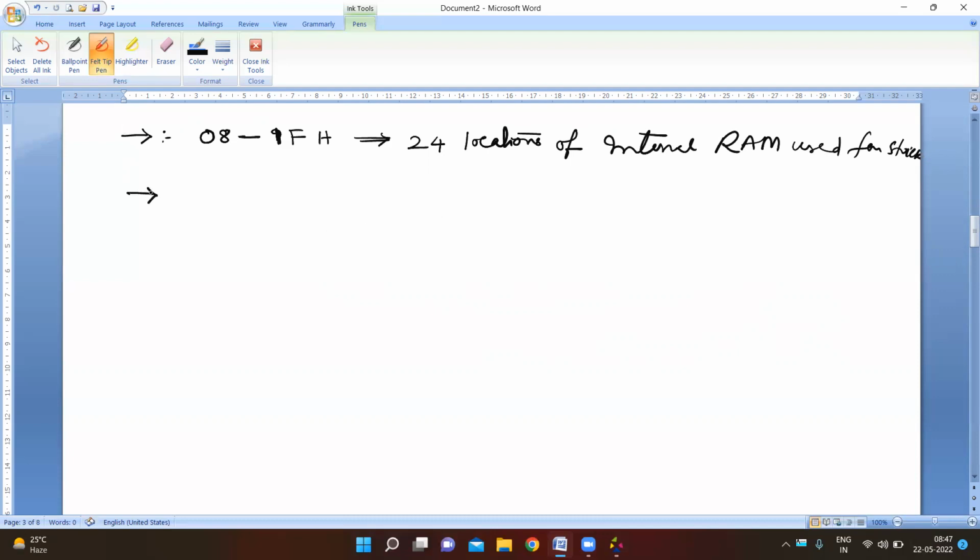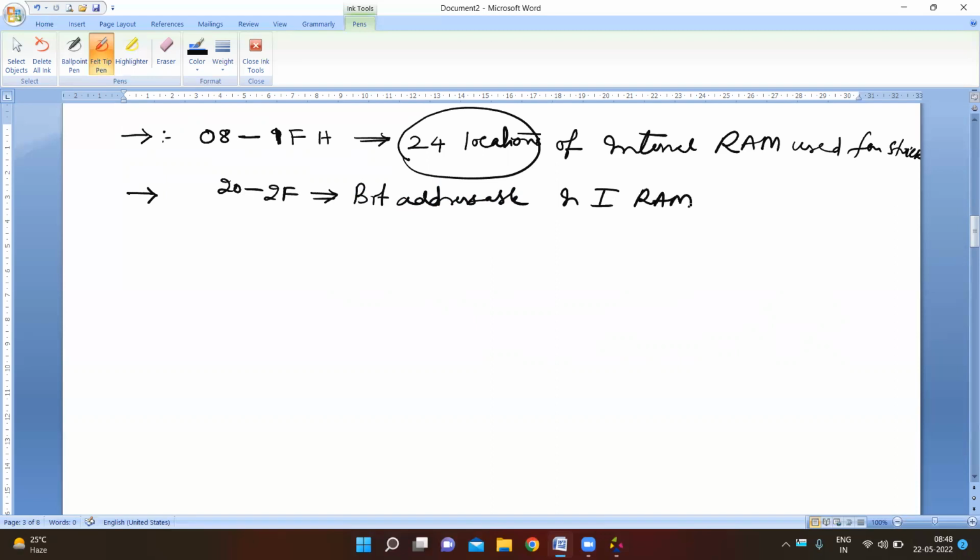And next, if a program needs more than 24 locations, note that from 20 to 2F is a bit addressable area, bit addressable internal RAM. So we can't use these locations.